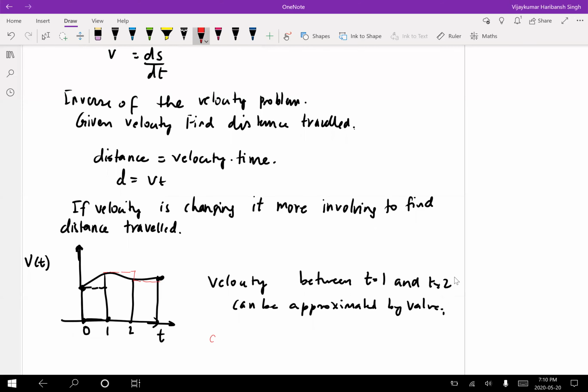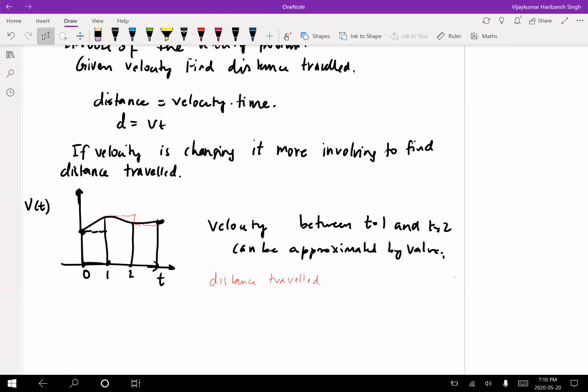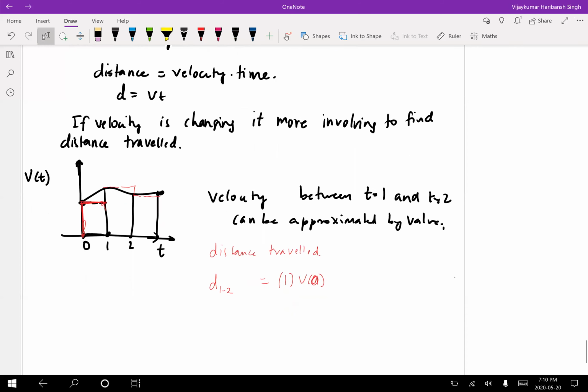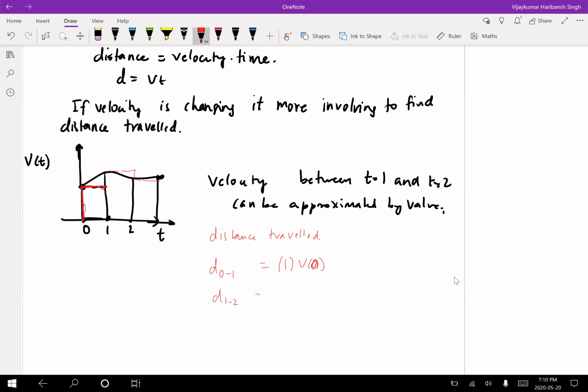So the distance traveled is going to be what? The distance traveled is going to be, first one is going to be distance from 0 to 1, which is 1 times velocity v0, because we are using v0 to approximate the velocity in the whole time interval 0 to 1. Similarly, distance traveled from 1 to 2 would be approximated again.